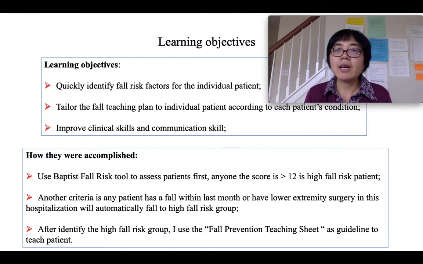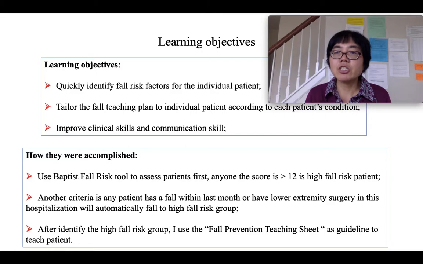How do I accomplish these objectives? With the help of my preceptor, first, I use the Baptist Fall Risk tool to assess each patient. Anyone whose fall score is greater than 12 falls into the high fall risk group.